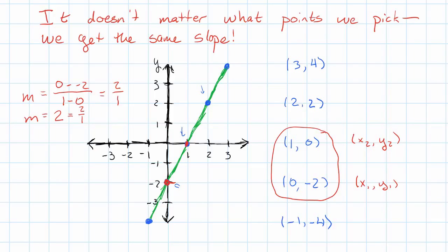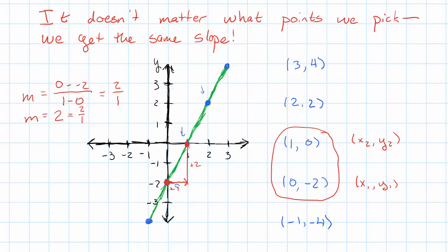On the graph, what I see is, to get from x1, y1 to x2, y2, my change in x is positive 1, my change in y is positive 2. Alright, what if I picked different points?